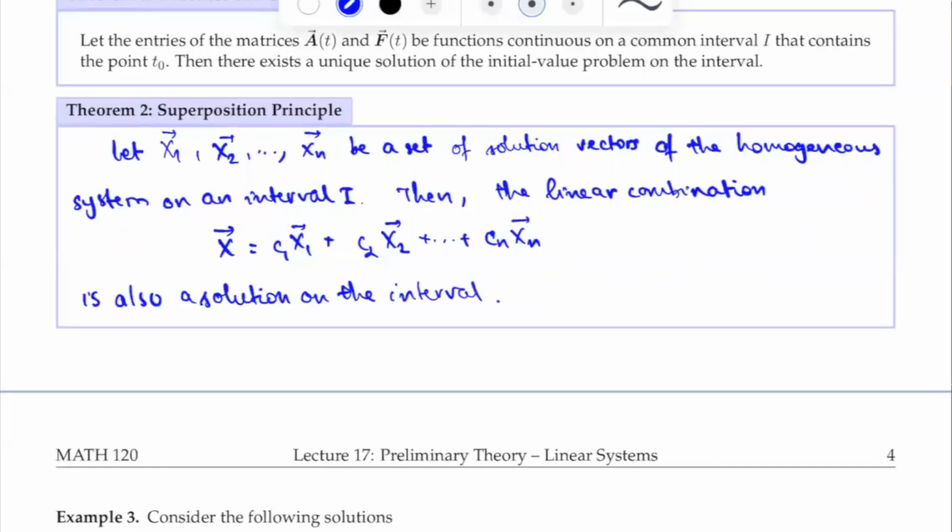I want to note here that c1, c2, up to cn are just arbitrary constants, for i going from 1 to n.